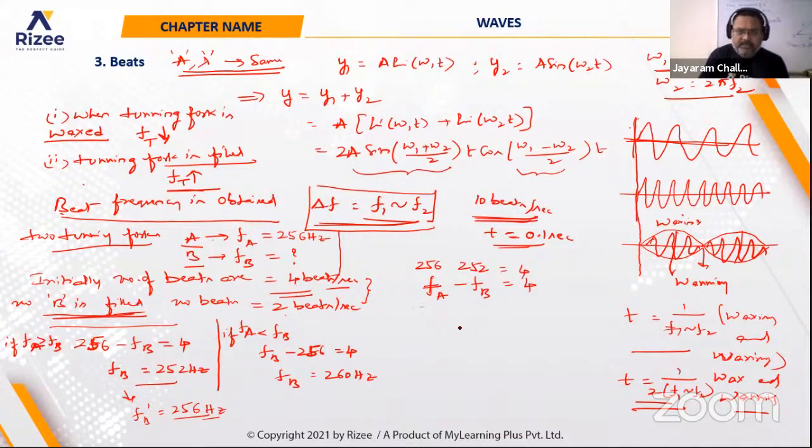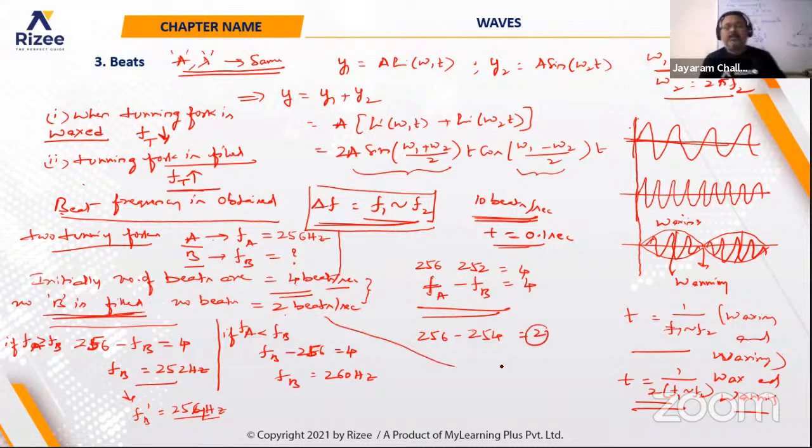And for the new case also, 256 minus 254, sorry, 256 minus 254, which is equal to 2, which is justifying the information that is given in the question. So you have to do it in this way, such that whatever result you get should justify the information given in the question. So please be careful while doing the sums in this particular beat concept.